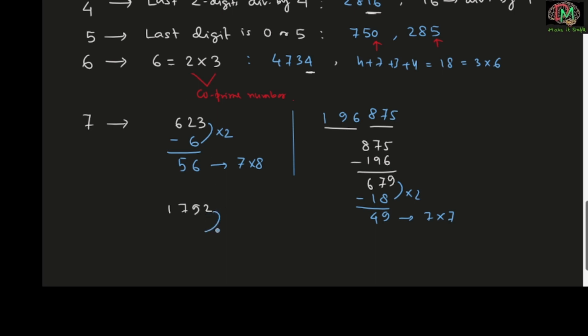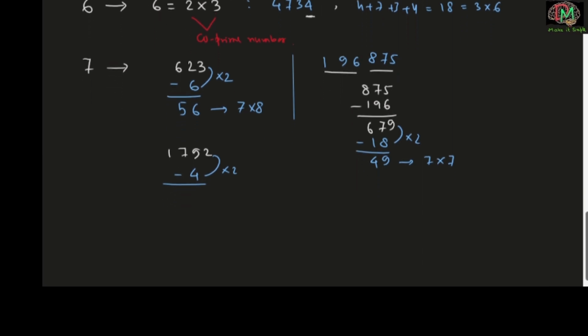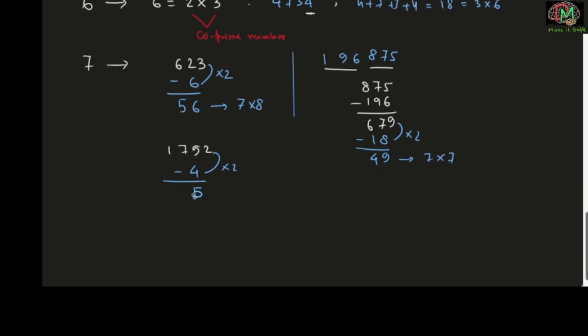We multiply 2 by 2, it will be 4, then deduct, and we get 175. Again we multiply 5 by 2, it will be 10, and deducting gives 7. Now 7 is a multiple of 7, obviously, 7 into 1. So we can say that 1792 is divisible by 7. This is method 1 and this is method 2. Clear?